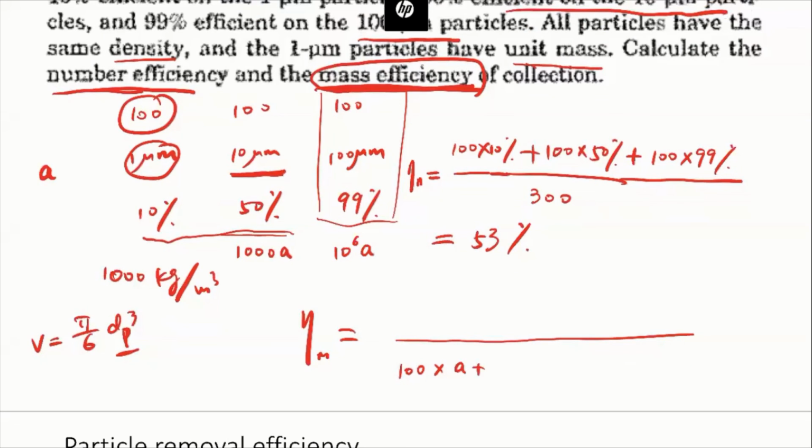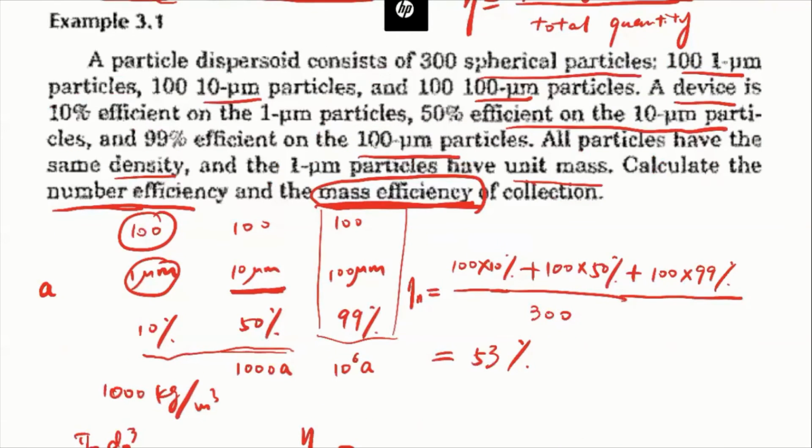So the total quantity is 100 multiplied by A, 100 multiplied by 1000 A, and 100 multiplied by 10 to the 6 of A.